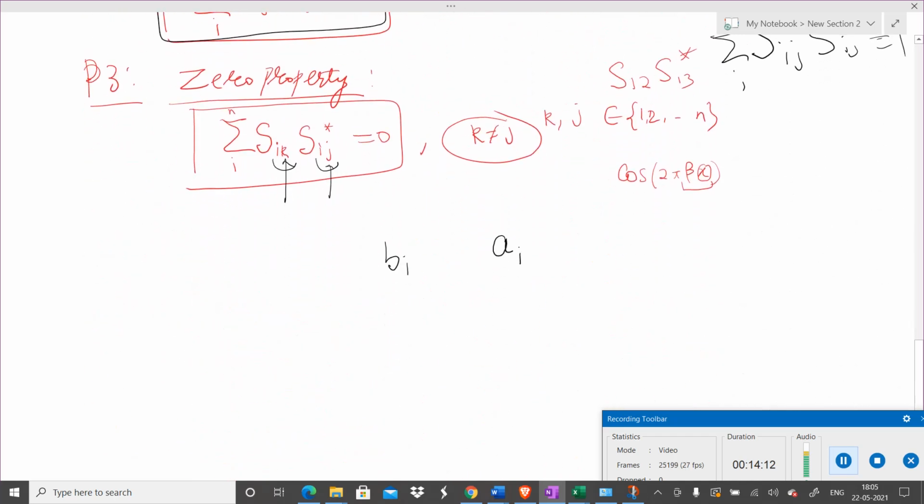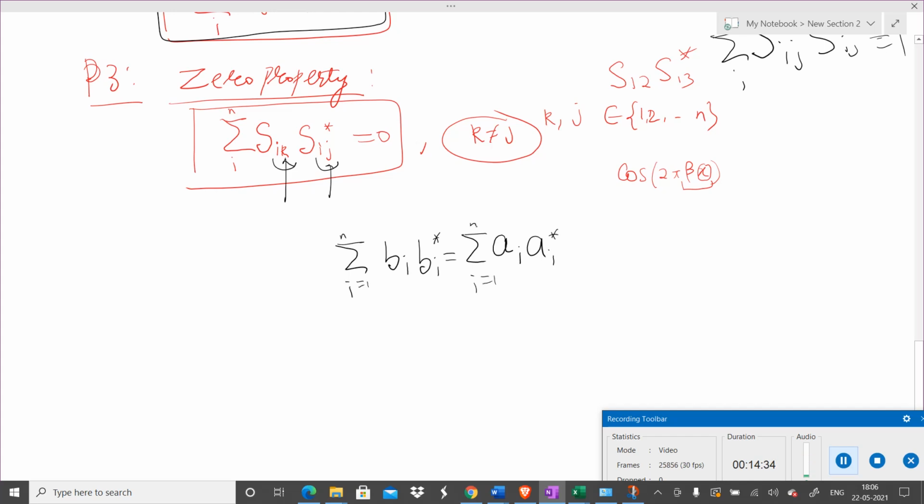Again, by conservation of energy, if the junction is lossless, the power in should be equal to power out. So the power out will be Bi conjugate Bi, summing over all, and this should be equal to Ai conjugate Ai, summing over all ports n.